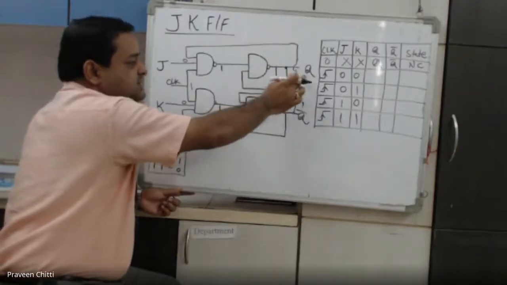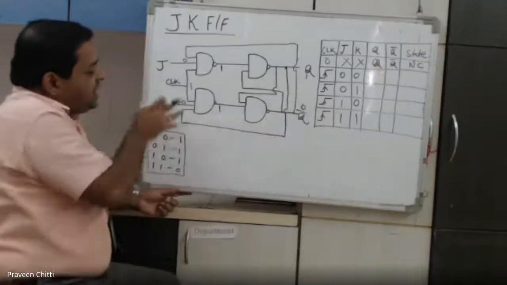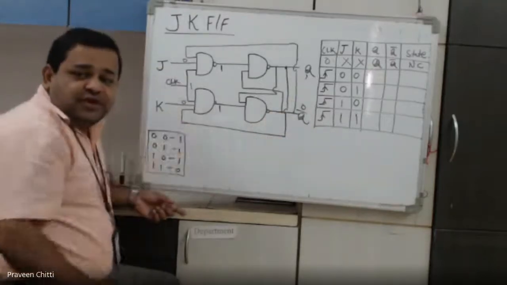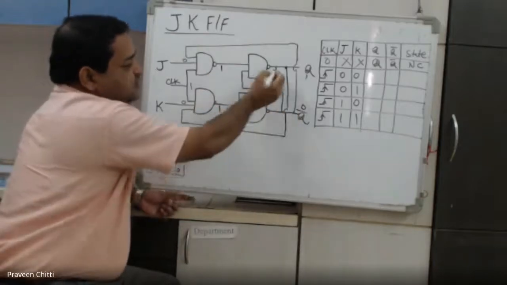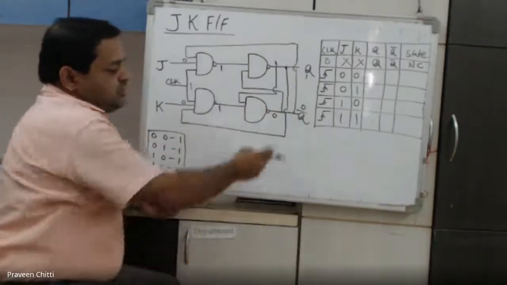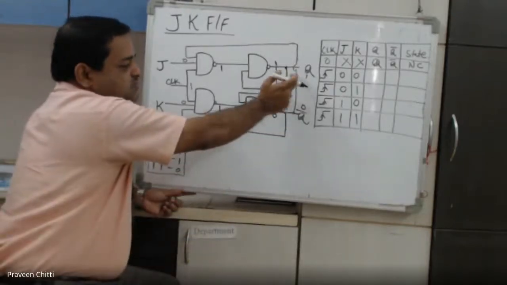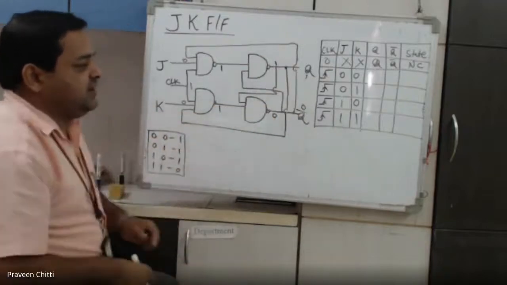On the other hand, suppose Q is 1 and Q bar is 0, and I have applied J equal to 0, K equal to 0. So again I will get 1 1 here. So this 0 will force this output to 1, and this 1 and 1 will make the output 0. So if previously Q is 1, again we are getting 1. Previously Q is 0, again we are getting 0.